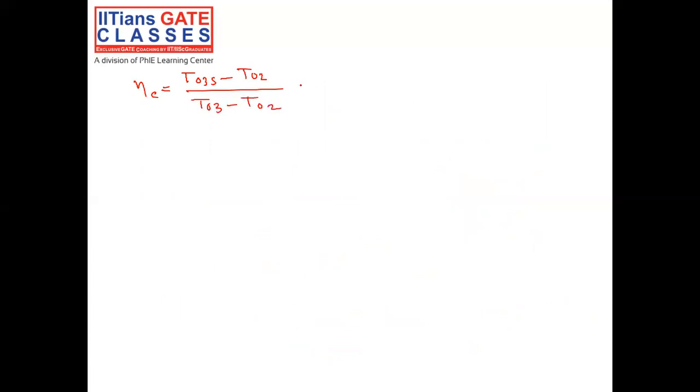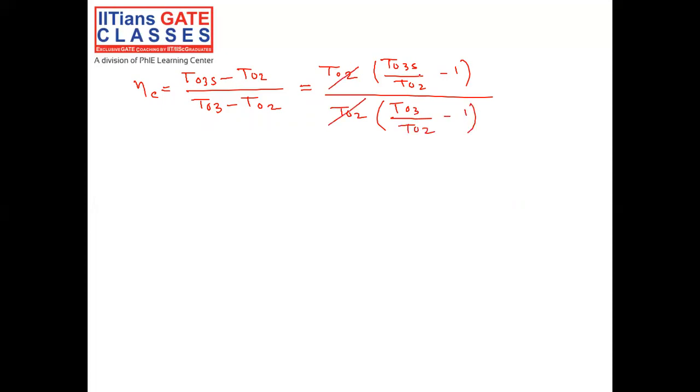So if we take TO2 common from numerator and denominator, this gets cancelled, and this is TO3 divided by TO2.